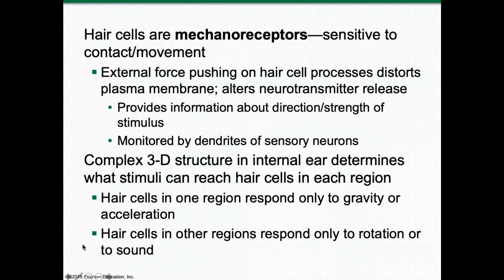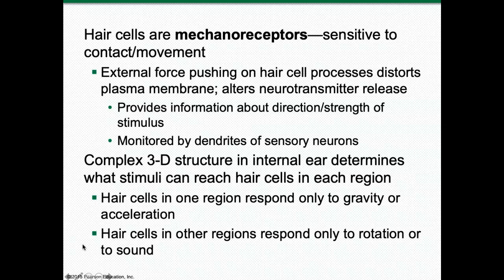Hair cells are mechanoreceptors. They're sensitive to movement, pressure, touch, and external force pushing on the hair cell process distorts the plasma membrane, and it allows a neurotransmitter to be released.